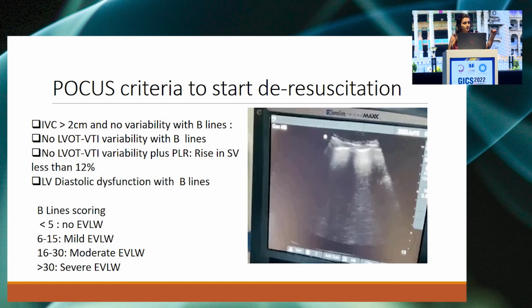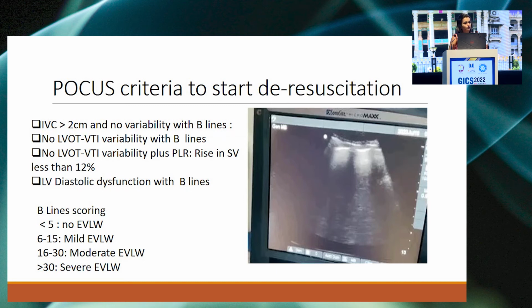If these parameters are supported by new onset B lines on lung ultrasound, or if there is an RV dysfunction or extended venous ultrasound is showing venous congestion, these are the few parameters.